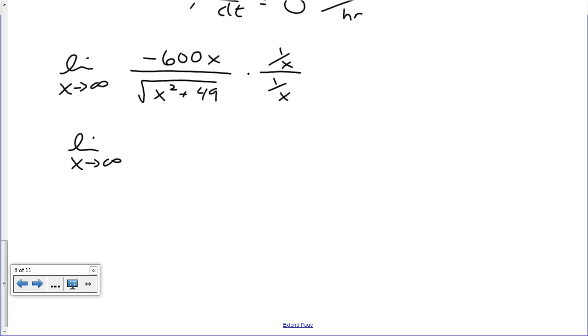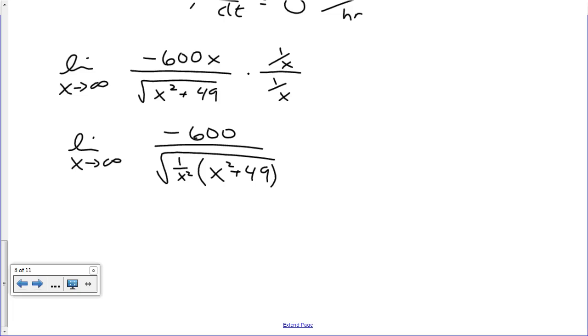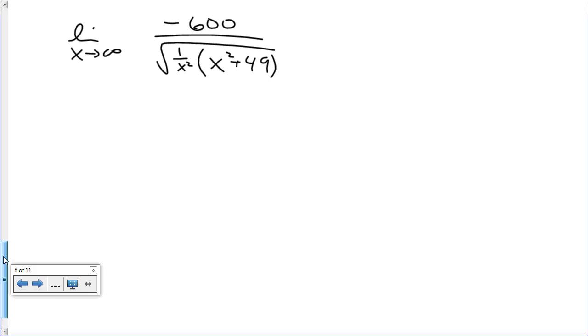The numerator becomes just negative 600 when I multiply by the 1 over x. In the denominator, I'm going to push that 1 over x inside the square root. So of course, in order to put it inside of the square root, I have to square it. So 1 over x squared times x squared plus 49. And let's go ahead and distribute the 1 over x squared through those parentheses in that root.